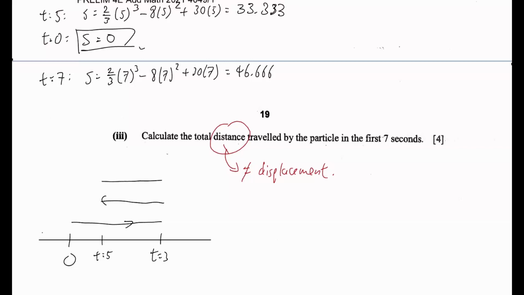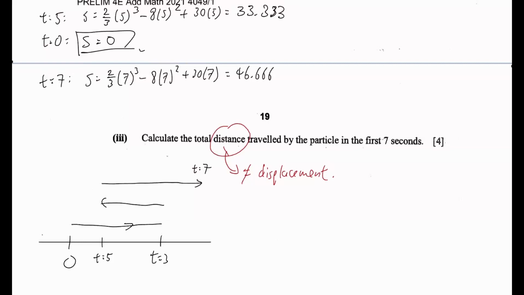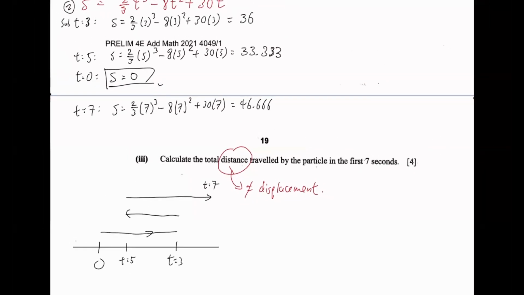Then after that, you turn, t equals to 7, you're somewhere there. Let me just check the values again. t equals 0, s equals 0. t equals to 3, s equals to 36 meters. Next one is t equals to 5, s equals to 33.33. So it's that distance there, 33.33 meters.